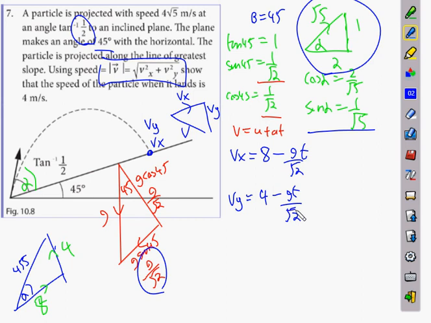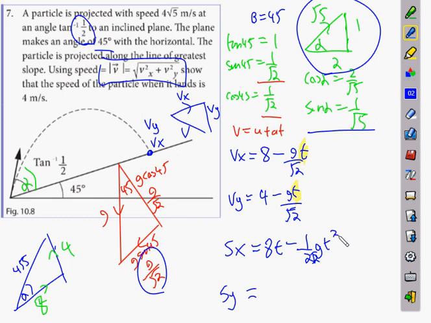Now, the problem with these two equations in the scheme of the question is, I need to find out what t is to find out a legitimate number for this. So now I'm going to find sx and sy. Once again, do what you did last time, add on a t, half the fraction, and add on another t. 8t minus g t squared over 2 root 2.